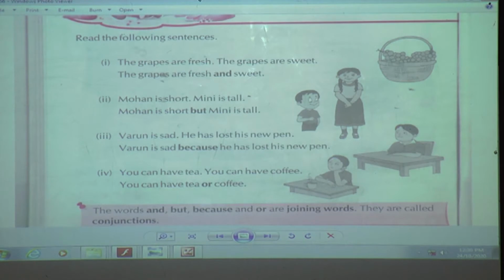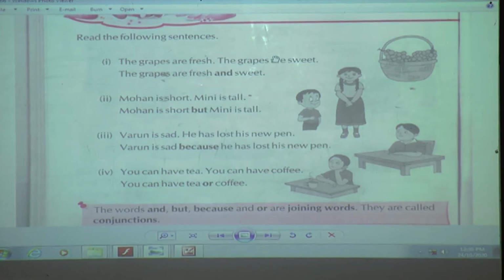Okay, now you have to read the following sentences. Ready? The grapes are fresh. The grapes are sweet. Now here, if you see in this example, what is there? Yes, the sentence is same, only the last word has been changed. Means the grapes are fresh, and again they have told about the same fruit, that the grapes are sweet.